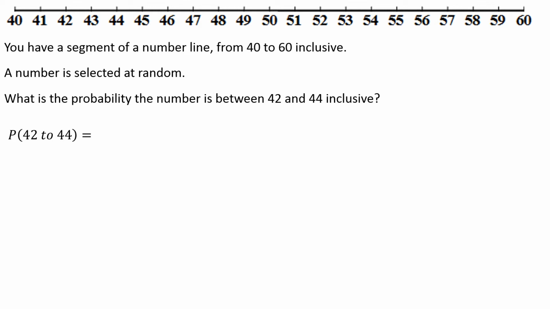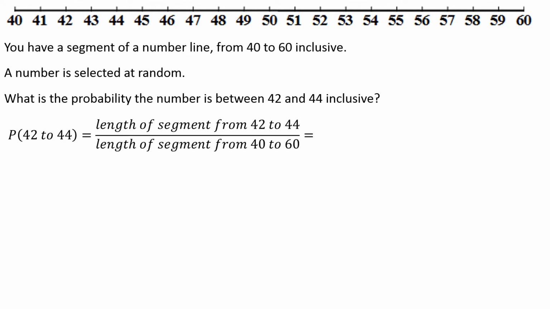So for the probability of 42 to 44, I actually need the length of the segment from 42 to 44 over the length of the segment from 40 to 60. So even though there are 3 different numbers, 42, 43, 44, the length of that segment is just 2.